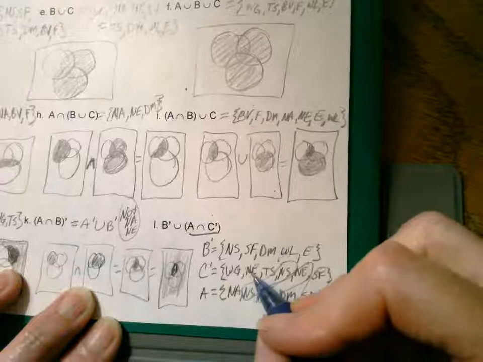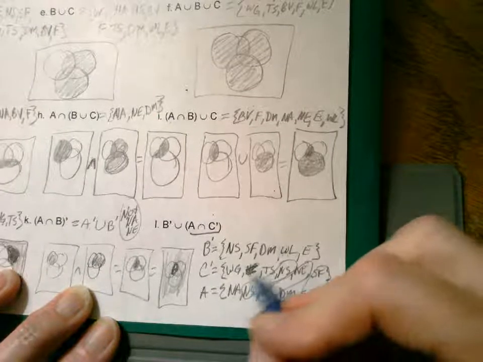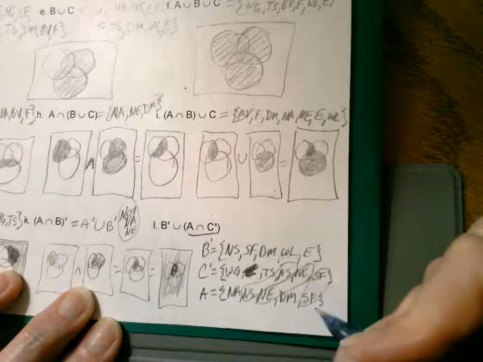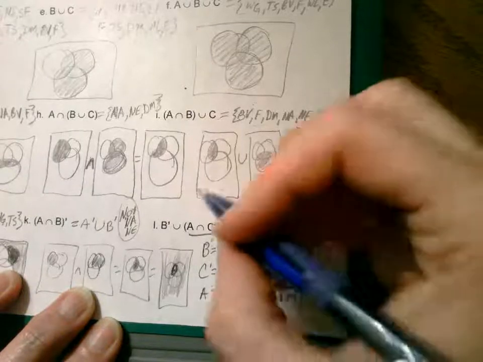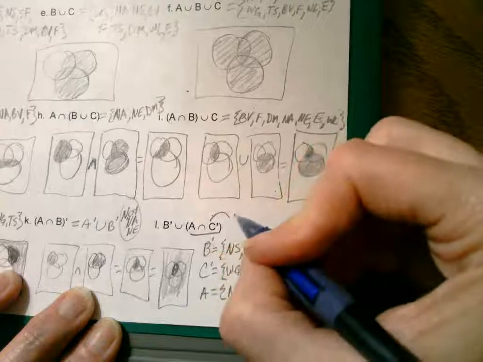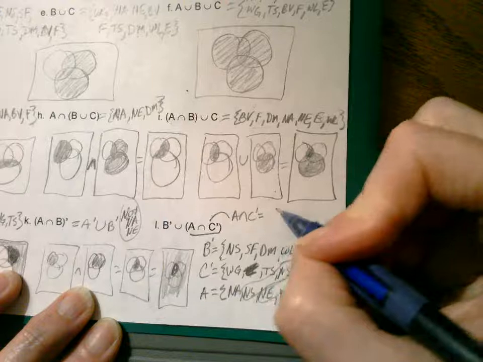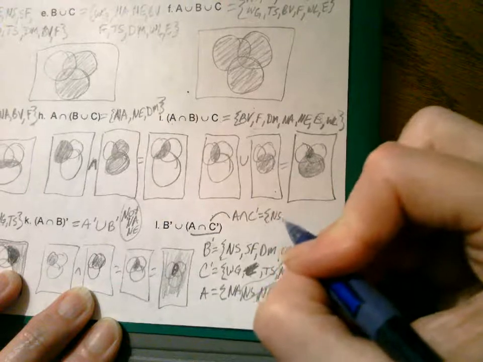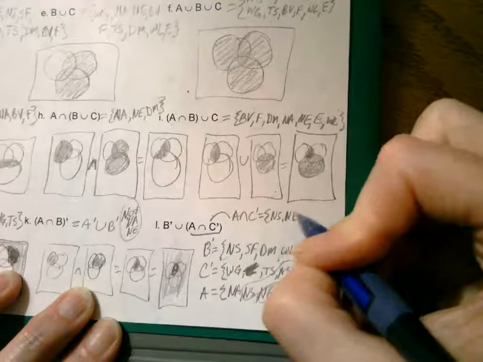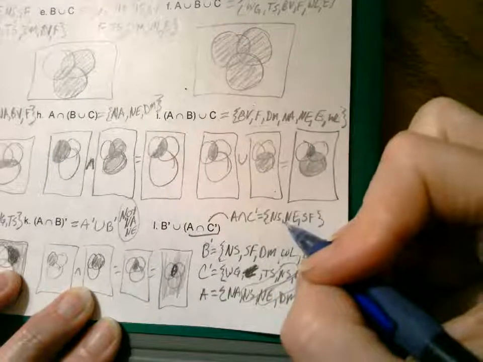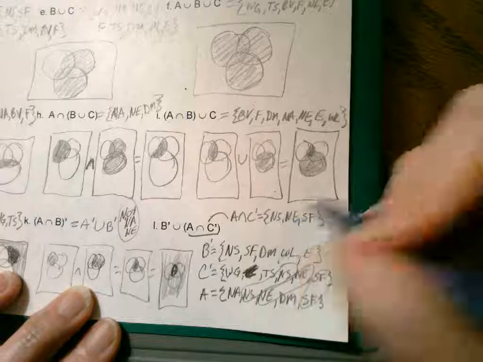I listed this twice. Okay. So this part is NS, NE, SF: swollen feet, nervousness, and night sweats.